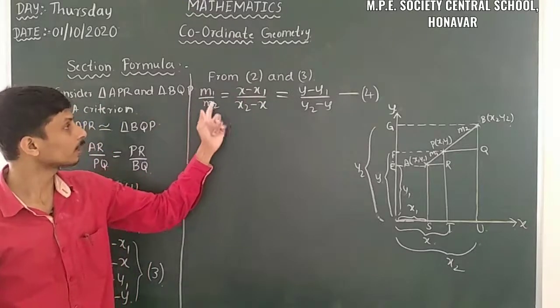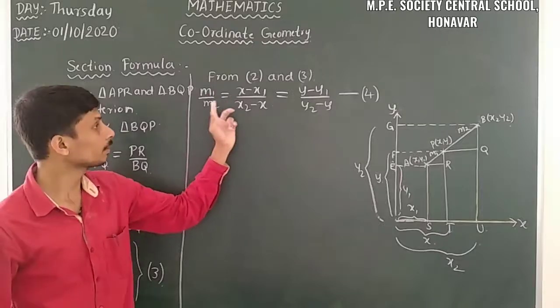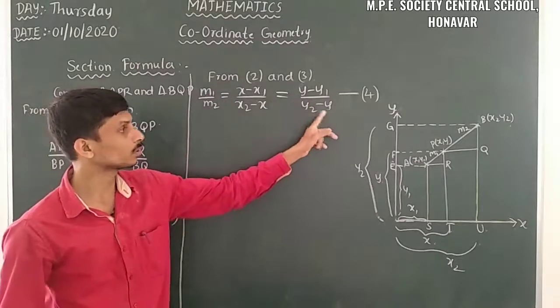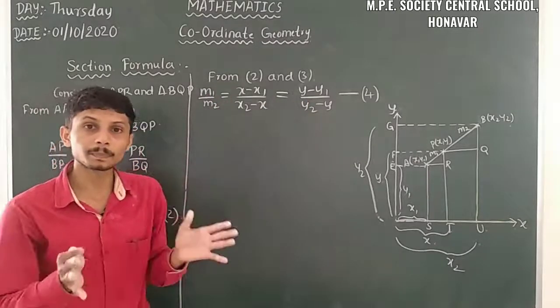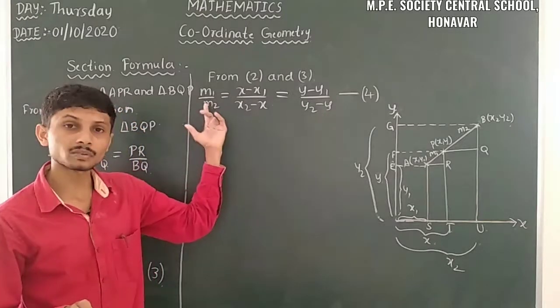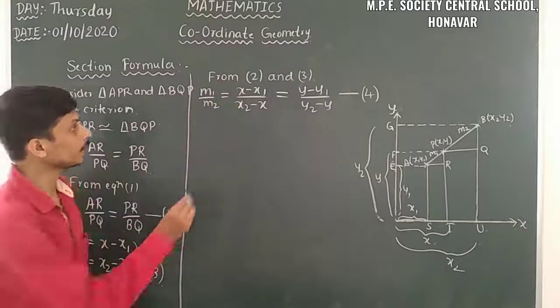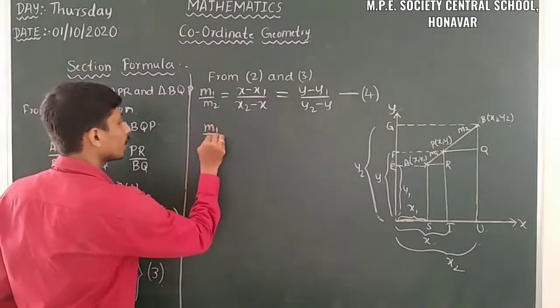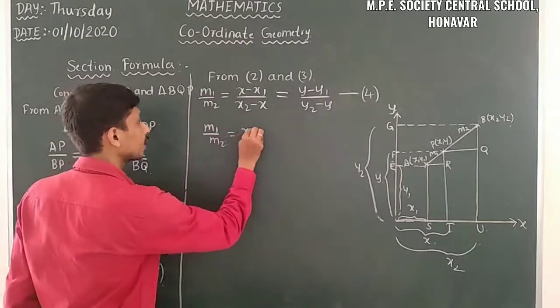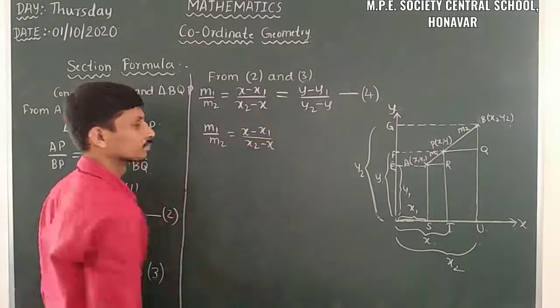That means firstly m1 by m2 is equal to x minus x1 by x2 minus x, and m1 by m2 is equal to y minus y1 by y2 minus y, because we have to separate y from these two relations and x from these two relations. Firstly, I will take m1 by m2 is equal to x minus x1 by x2 minus x.